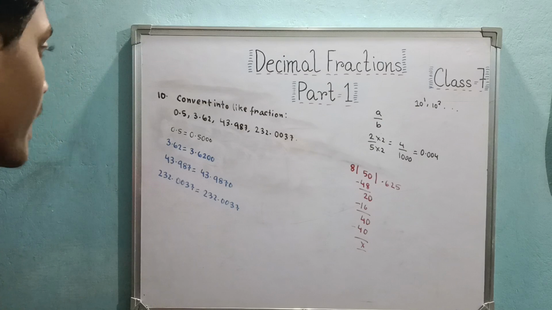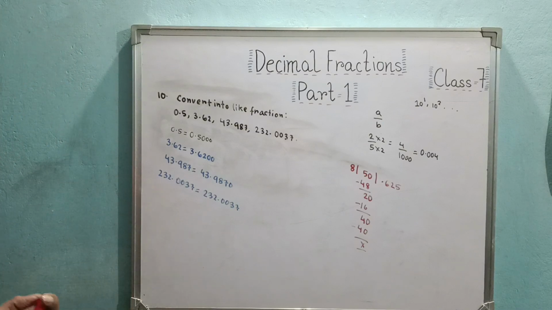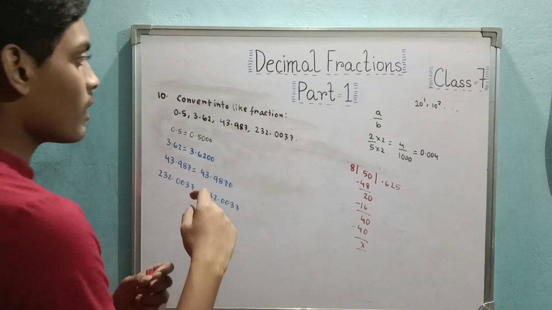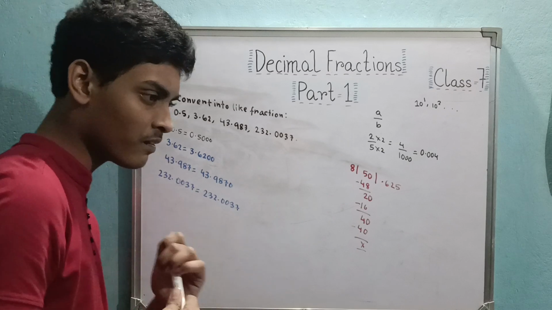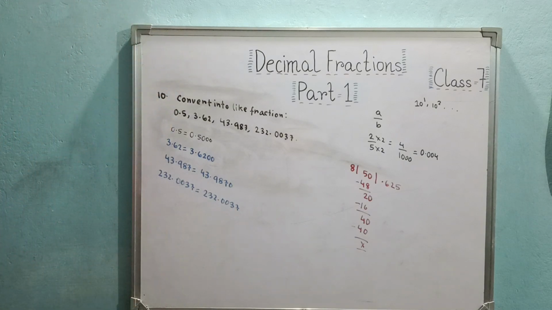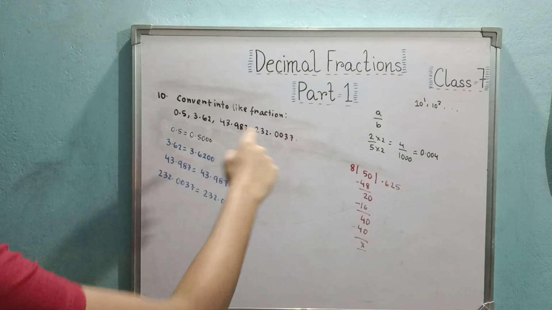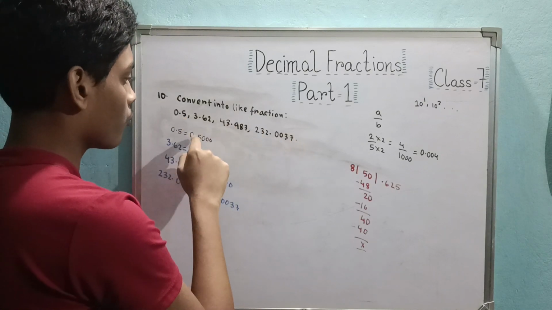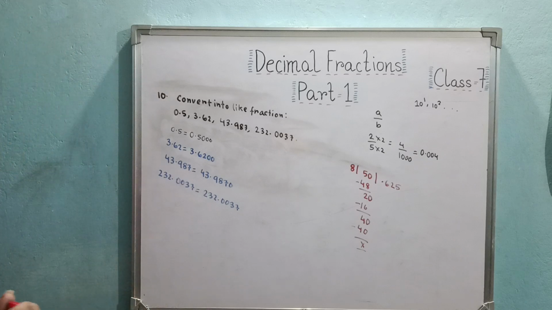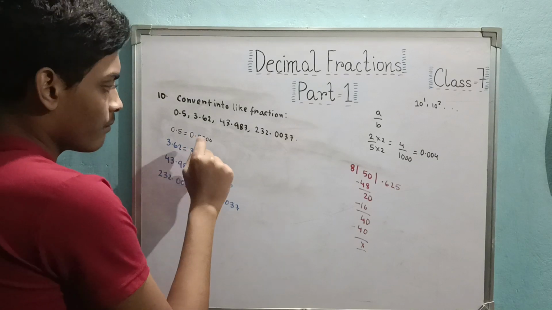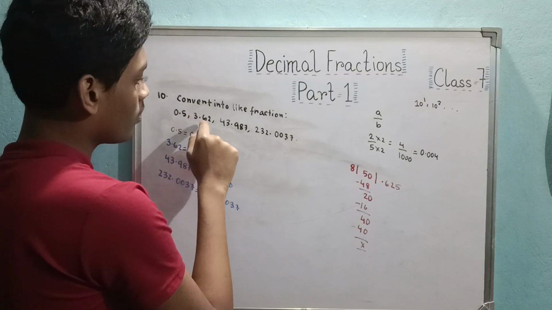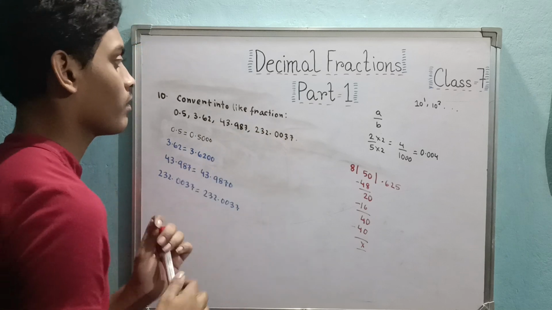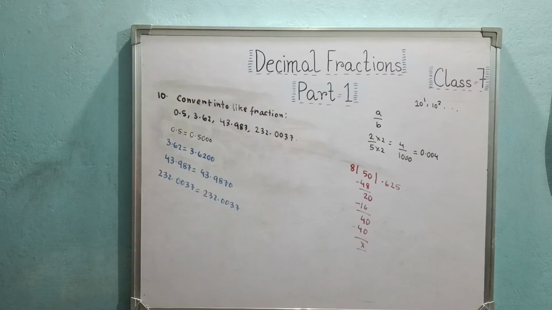But whenever you are trying to make 4 or 3 numbers like fractions, see which number has the highest number of decimal places, and for each of the numbers make the decimal places the same according to that number. Here it was 4, so I made all the decimal places 4 with the help of zeros. You can add as many zeros as you want to make your decimal places the same. That's the method of converting into like fractions.